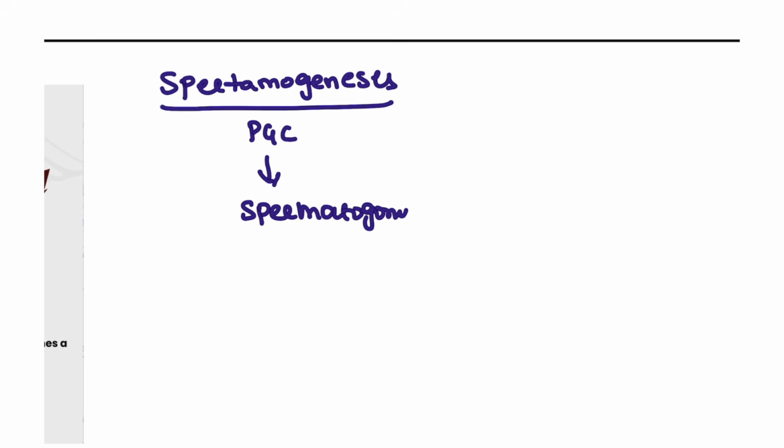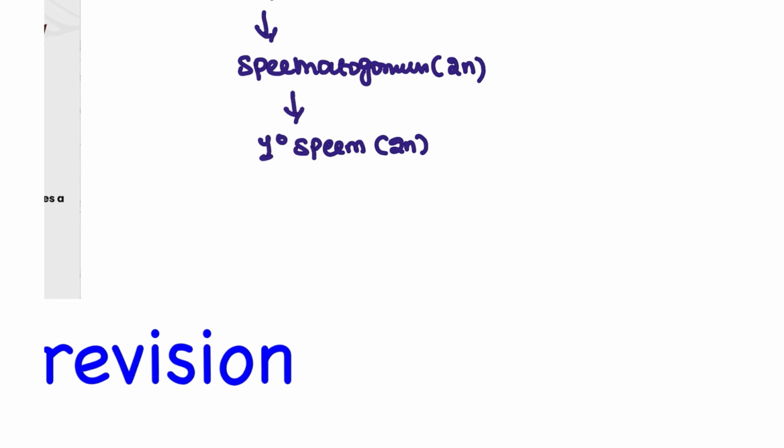Spermatogonium gives us the primary spermatocytes, and until here we have 46 only. From the primary spermatocytes it gives rise to the secondary spermatocytes, in the first meiosis, and here you get the n number, only 23. From here we get spermiogenesis and the sperms are formed.